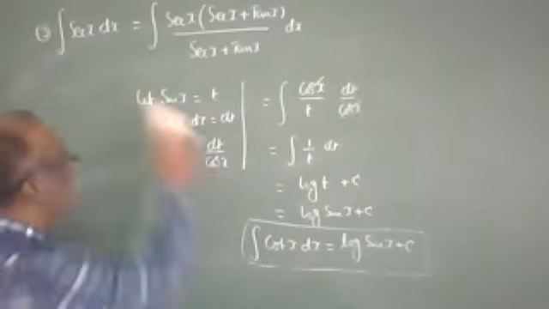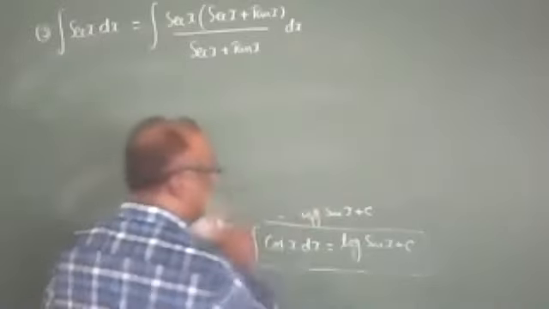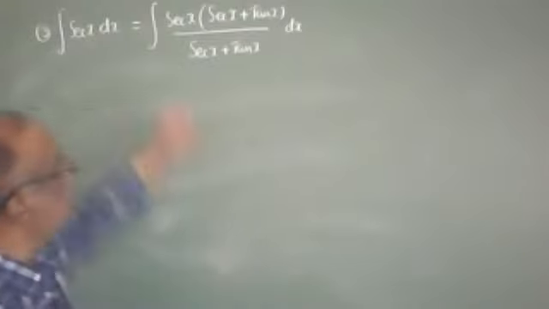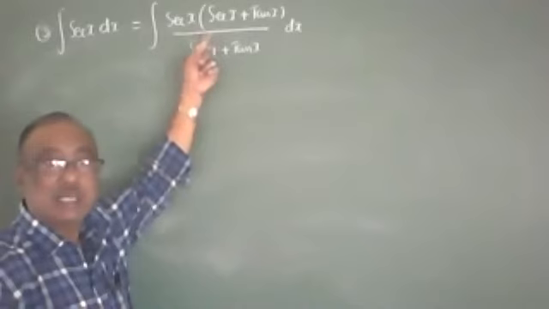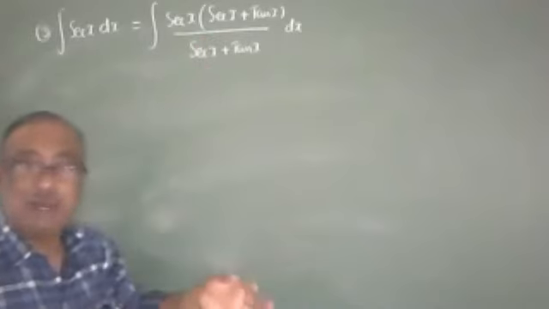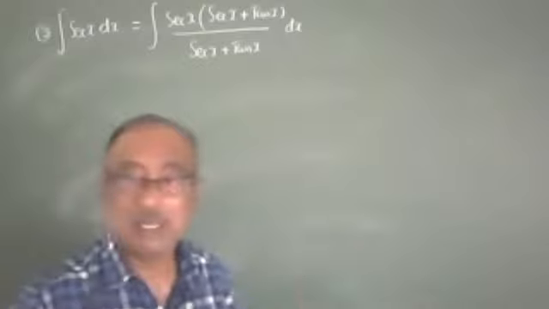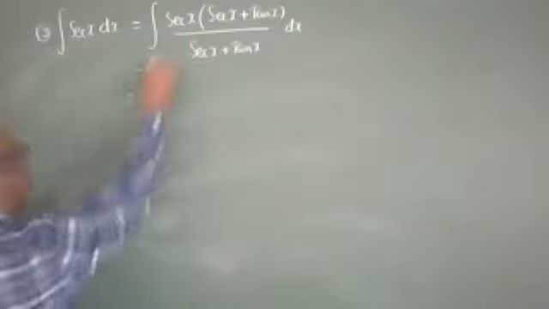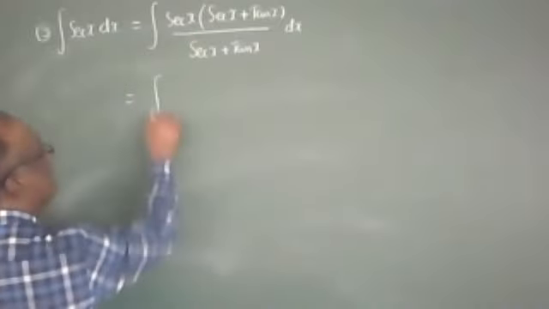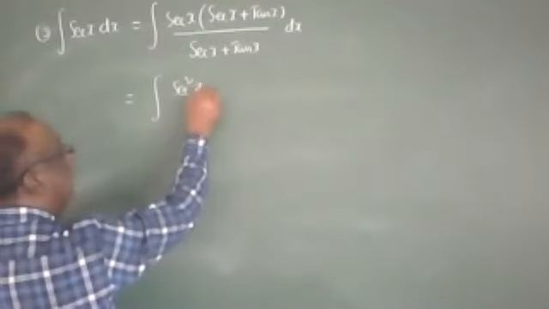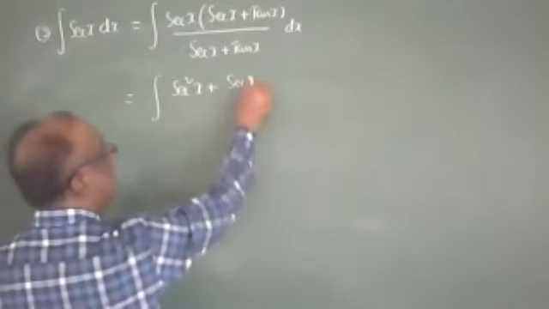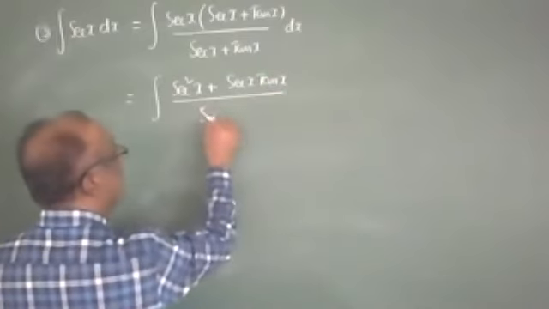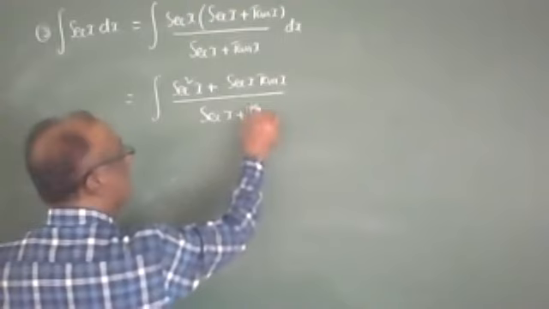Secant x and cosecant x problems are the same. So multiply the numerator with secant x plus tan x and divide with secant x plus tan x. Right. Now the numerator: secant into secant is secant square x, plus secant into tan x is secant x into tan x, divided by the denominator secant x plus tan x, into dx.